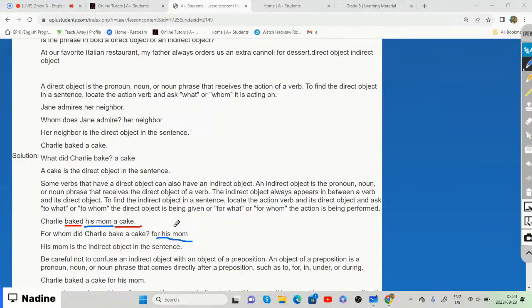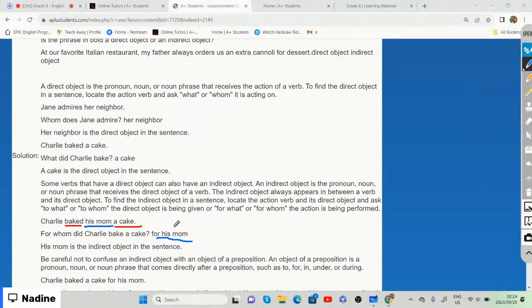And remember we said to be careful that the indirect object is not after the preposition, because if it is, then it will be an object of a preposition. Sometimes we can confuse an indirect object with an object of a preposition.